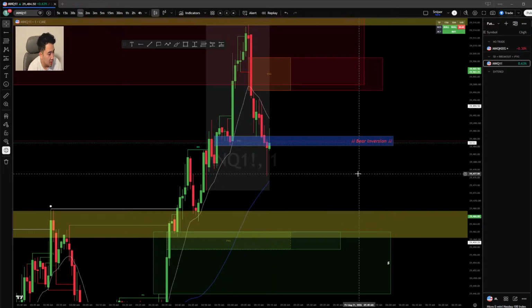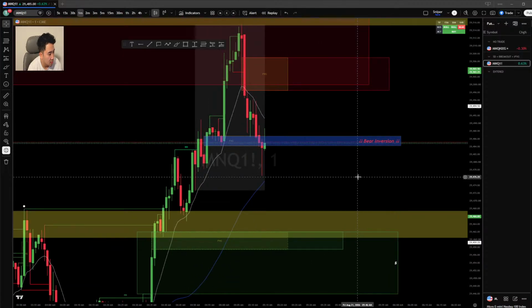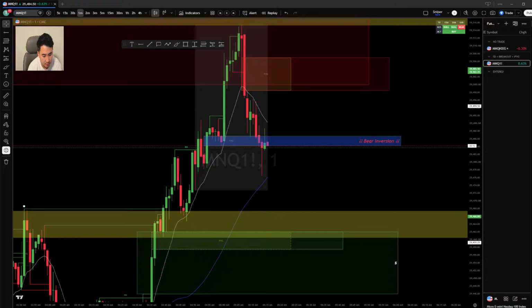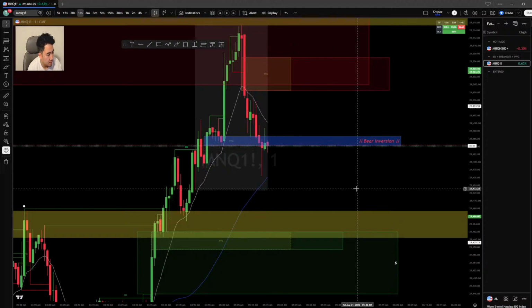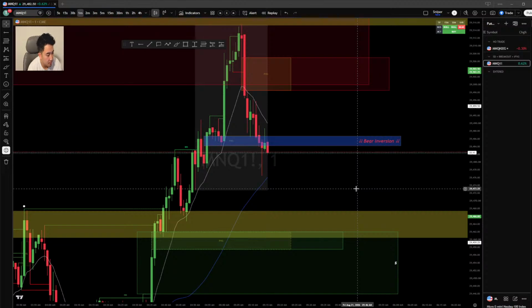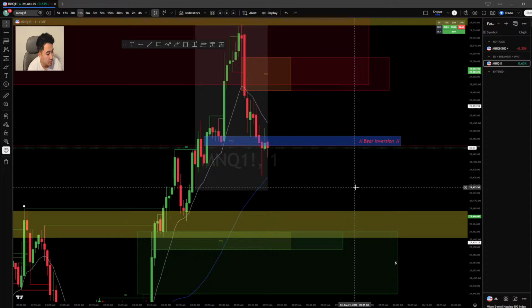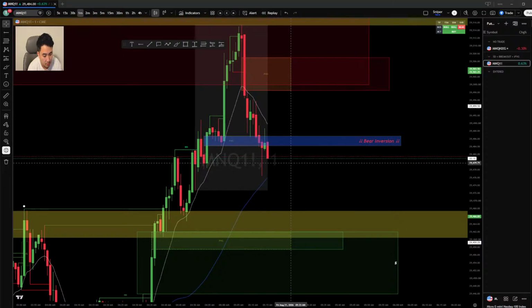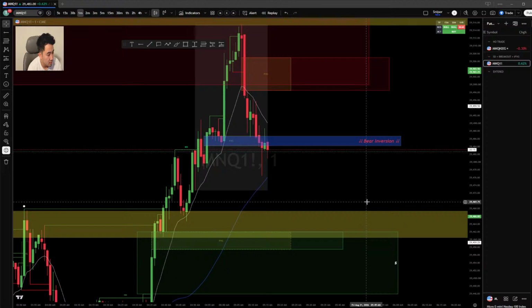Looks like it's wicking off of this bearish inversion. Yeah, currently it's still respecting it.